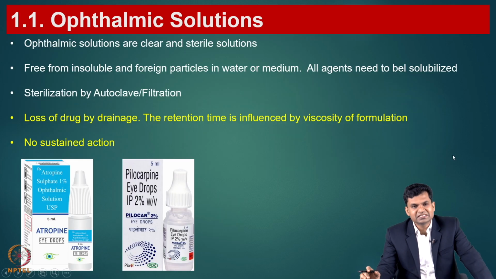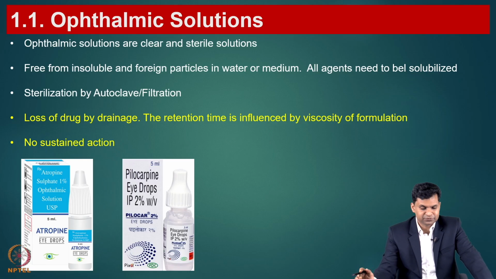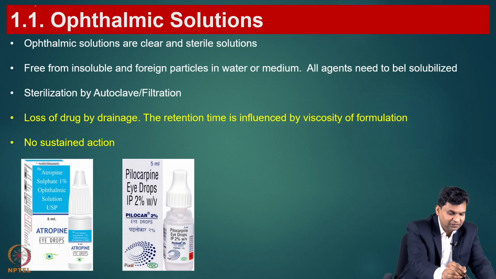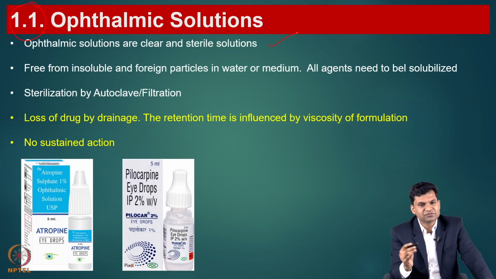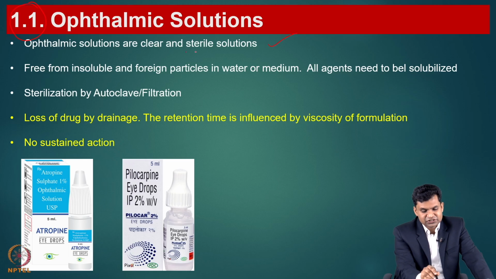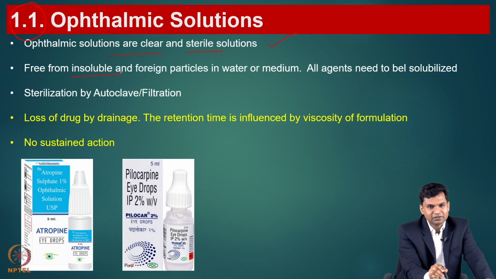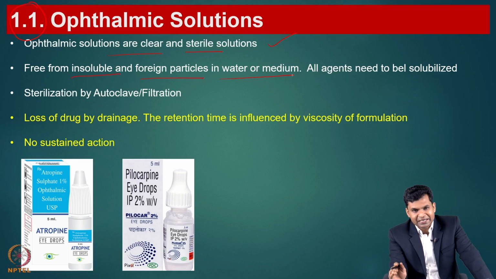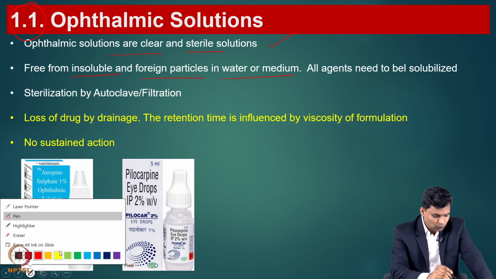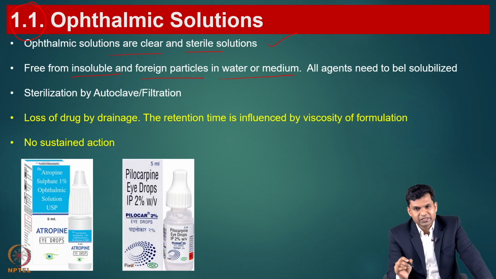Here we will see some of the classification of eye drops. The first classification is the ophthalmic solutions, which, as we have seen, are sterile and clear. They should not contain any type of insoluble foreign particles in the water or in the given medium, because then only will it be considered a solution.